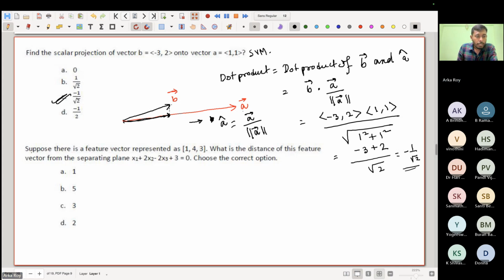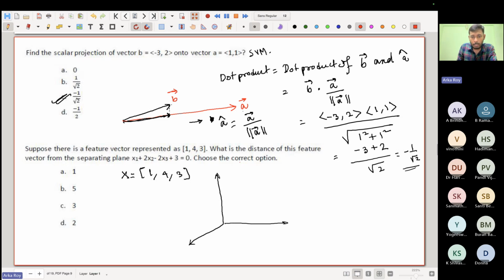Then the next question states that there is a feature vector represented as 1, 4, 3. That means in this particular case, you have a three-dimensional feature 1, 4, 3. What is the distance of the feature vector from this separating plane? You have an equation of a plane. You have seen something like this in this week's lecture.